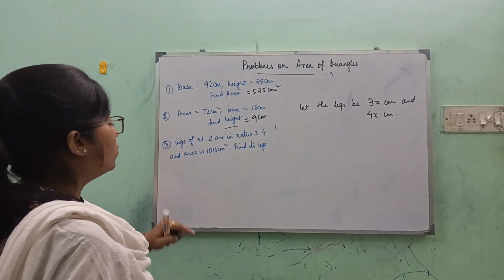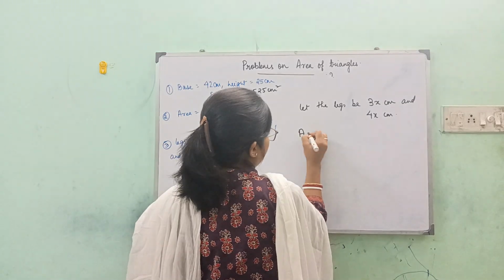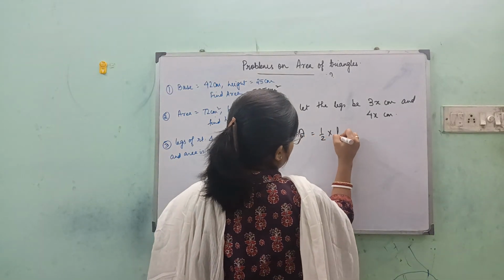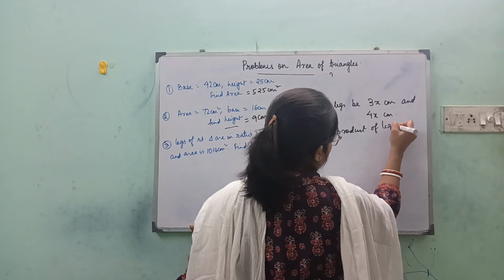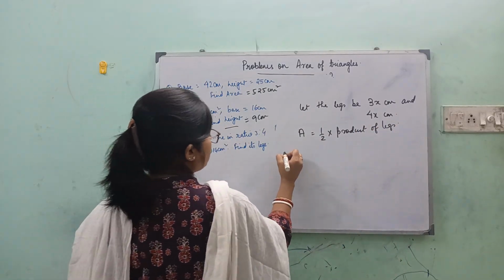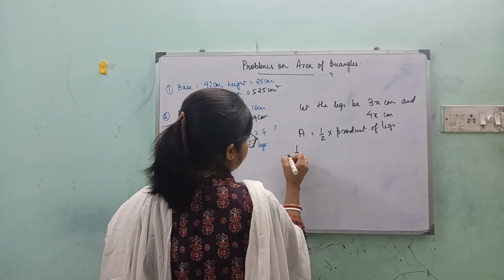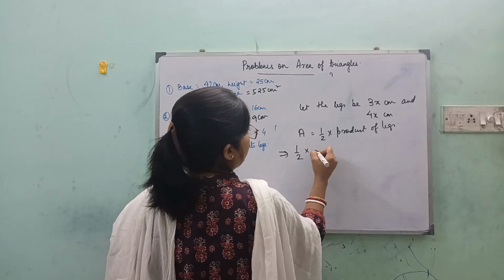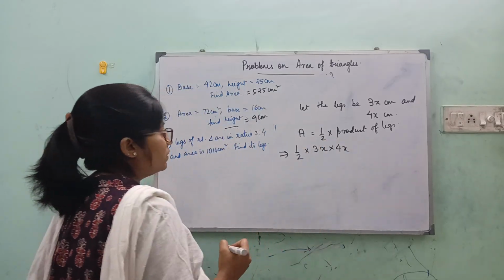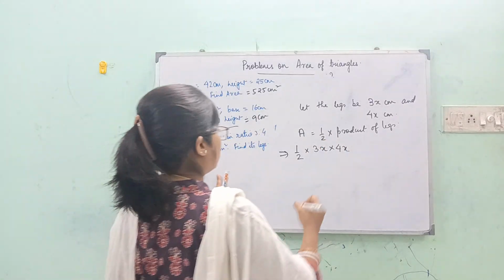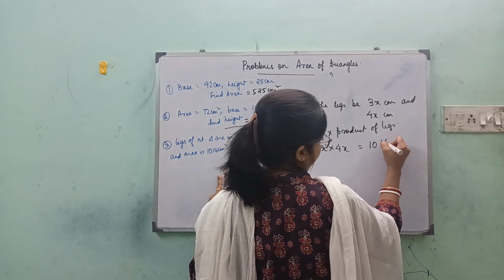Alright. So we know that for a right angle triangle, area is half into product of legs. That means half into product of legs, that is 3x into 4x, is equal to 1014.